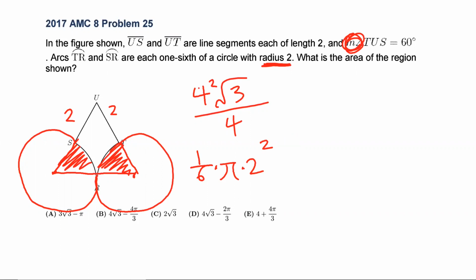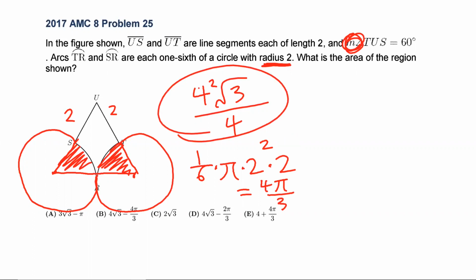Don't forget that we have two sectors, so let's multiply by 2 again, and we'll get 4 pi over 3. So we take the area of the equilateral triangle, minus the red shaded sectors, to get the area of the region shown, and our answer turns out to be B.